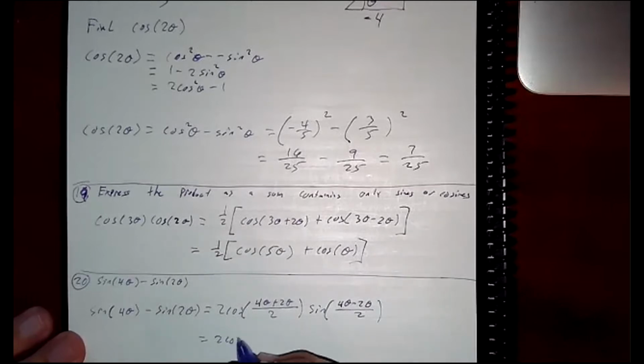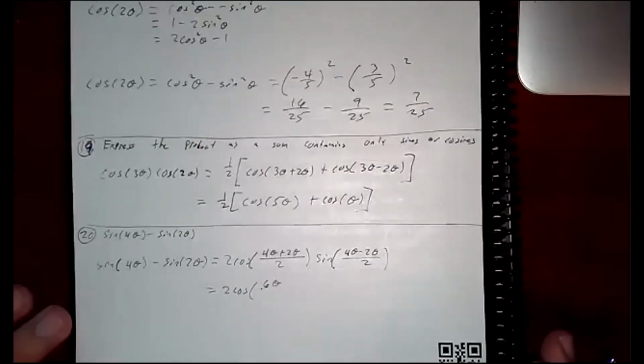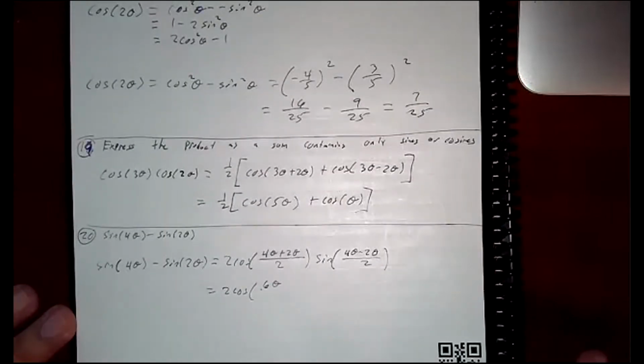I don't know if I copied it wrong, but my sine minus sine has two sines, with theta plus theta.